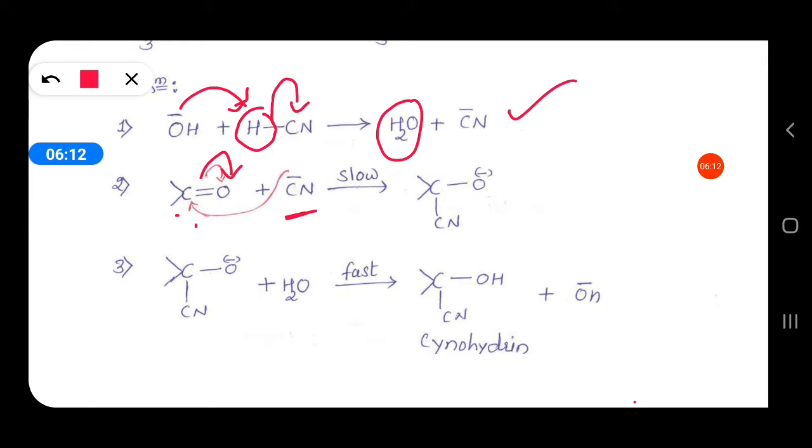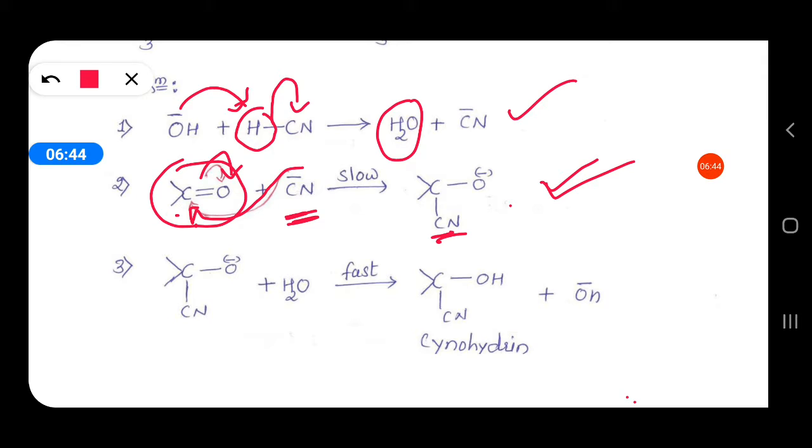To this carbocation, the nucleophile attacks, so that a new C-CN bond is formed. This reaction takes place slowly because polarity is introduced through the nucleophile. Once the anion is formed here, the reaction becomes fast.